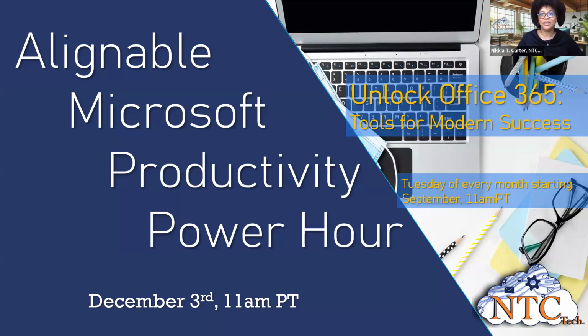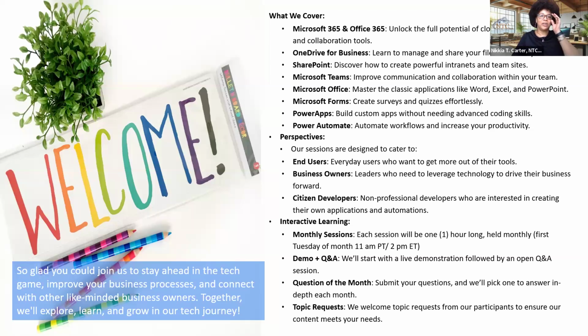Just to give you a background again on what we're going to be covering: the topics will be around Microsoft Office 365, as well as the components therein like SharePoint and Teams and Forms, and then things that are related but not necessarily in the platform, such as Power Apps and Power Automate that can be added into the platform. It will be coming from a perspective of end users and business owners. And today we're also going to do a little bit of citizen development, so there'll also be some of those types of sessions, starting with the one today.